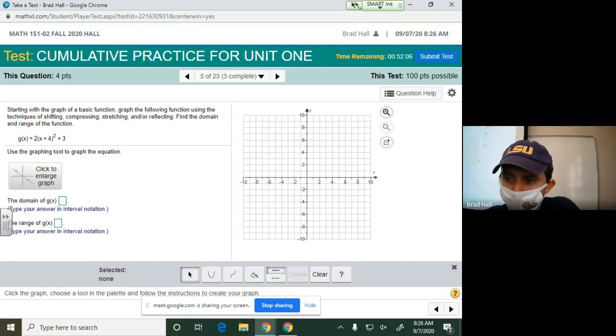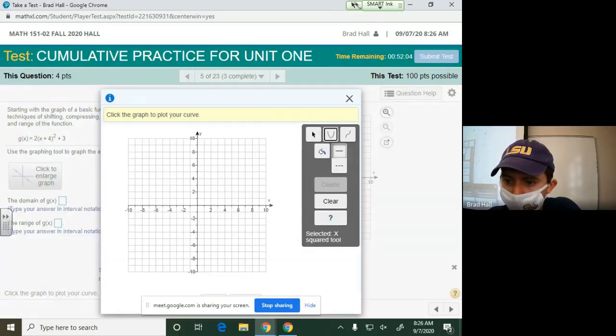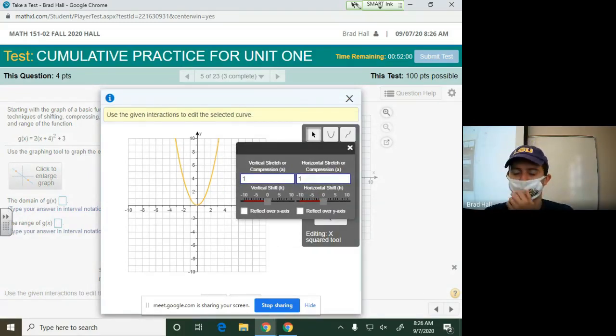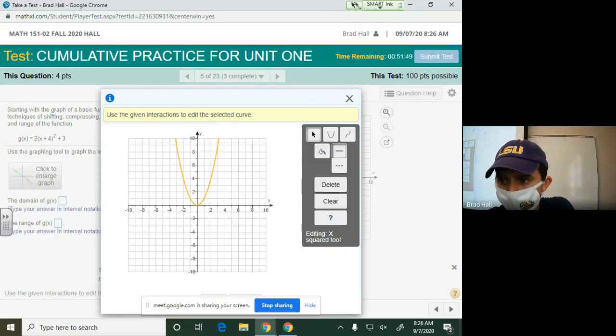Let's see what happens when we interact with the graph, what it wants from us. It wants the vertical stretch or compression, the vertical shift, horizontal shift, and any reflections. So we're going to go through those one by one.